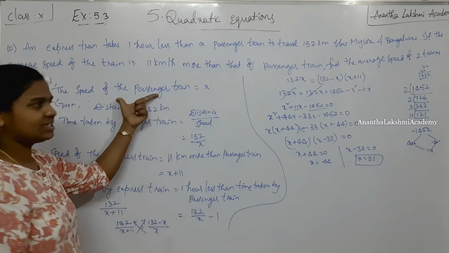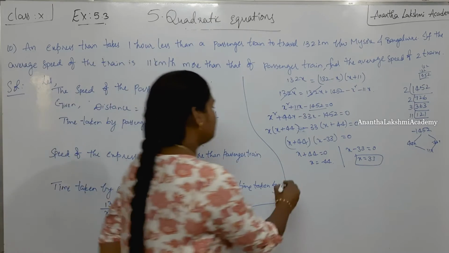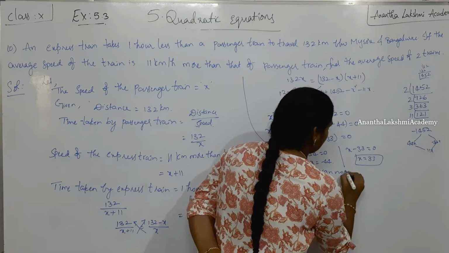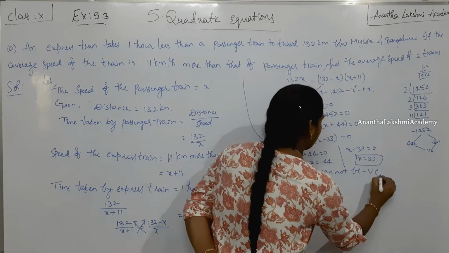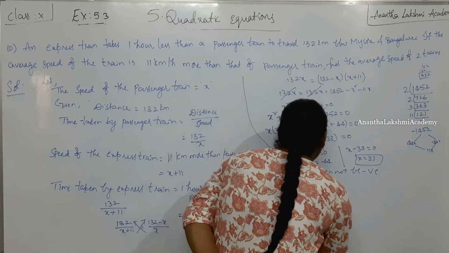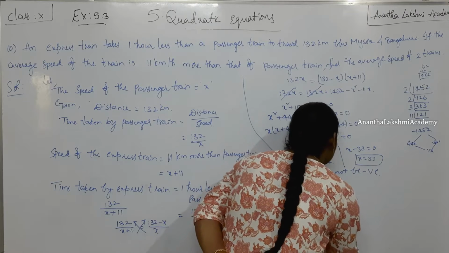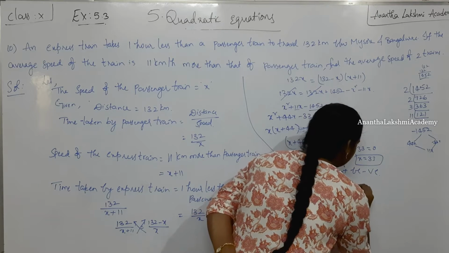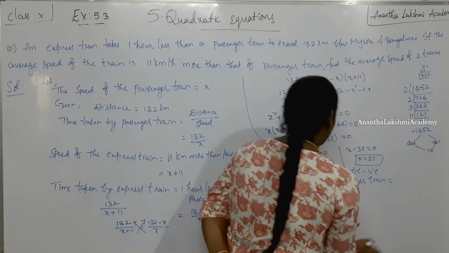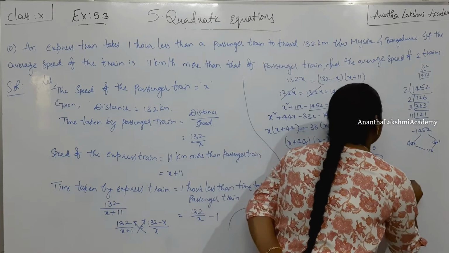What are we dealing with? Speed of the trains. Speed cannot be negative. Therefore, speed of the passenger train is equal to how much? Positive value is 33 kilometers per hour.